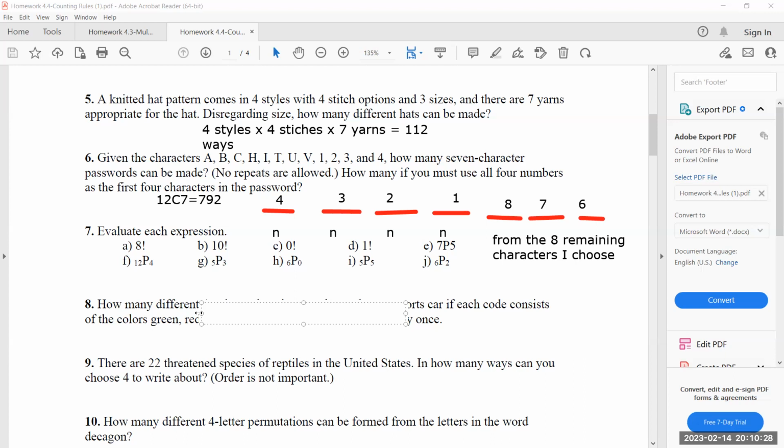I'm getting 8,064 for this answer. I got the same thing. So this answer would be 8,064. Okay.